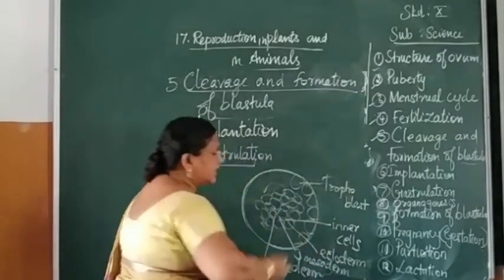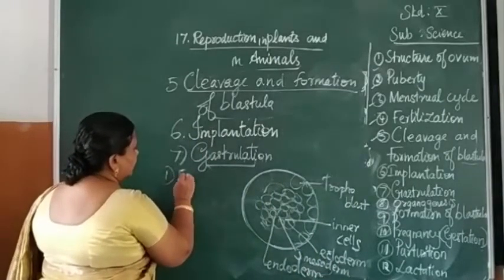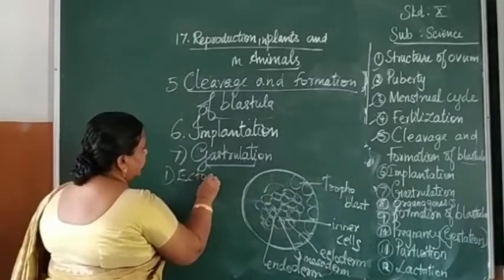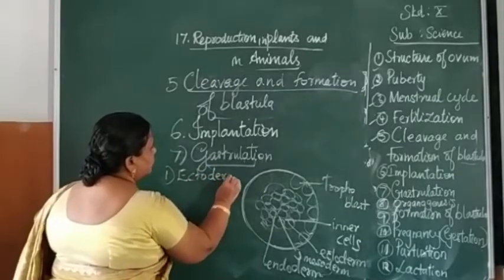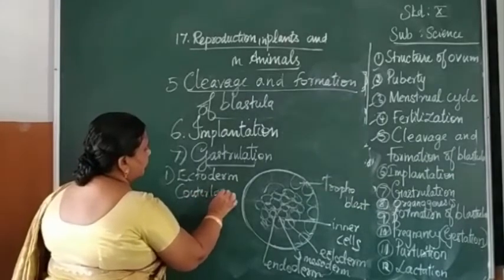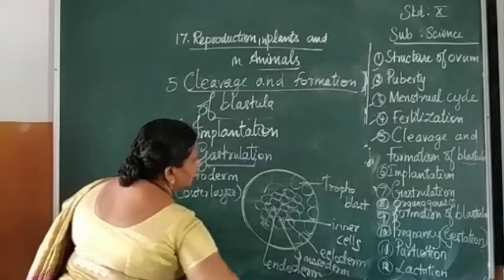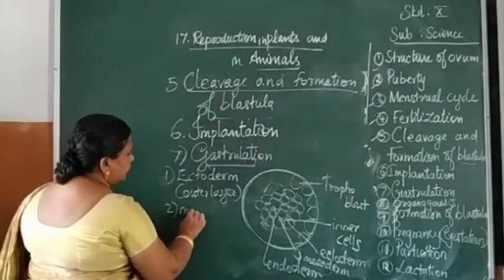So now three layers are formed. What are the three layers? First one is the ectoderm, that is the outer layer. Then the next one is the mesoderm, that is the middle layer.